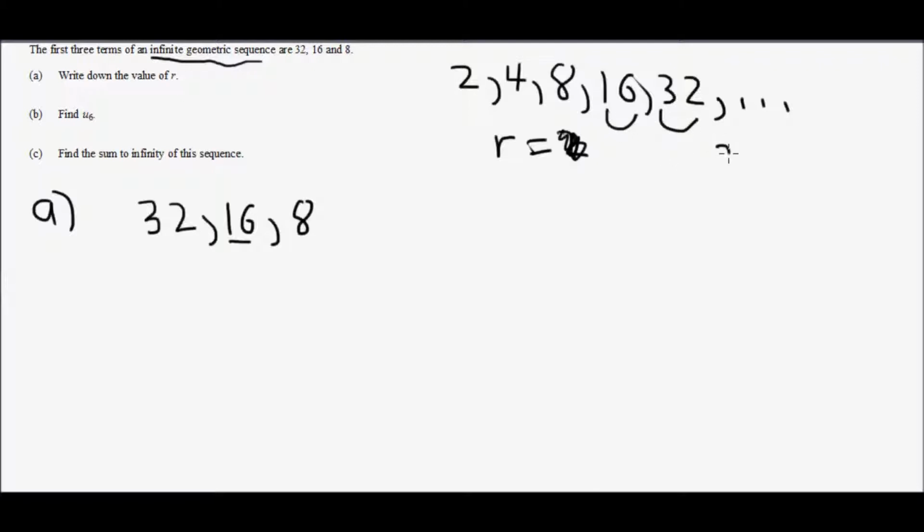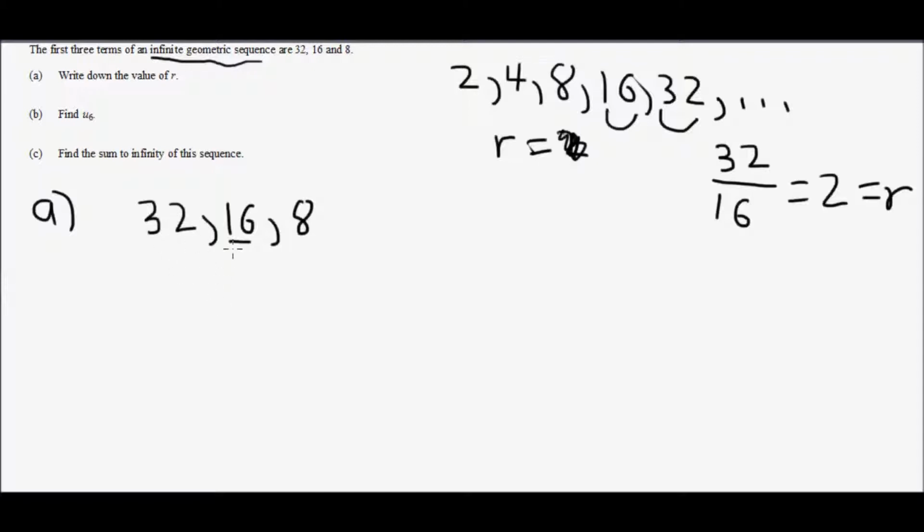Now we'll take the term 32, divide it by the previous term, which is 16, and we get 2, and this is r. So in the exact same methodology, we'll use this way to find what r is, which is what the question is asking in this case.